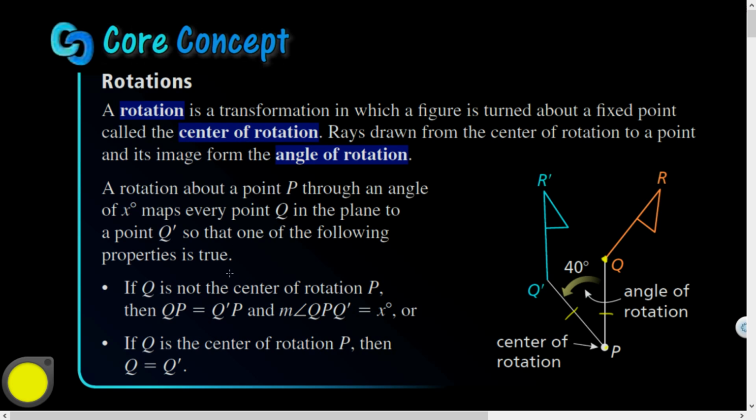And the measure of angle QPQ prime is x degrees. Or if it happens to be on the point of rotation, then it's just mapped to itself.